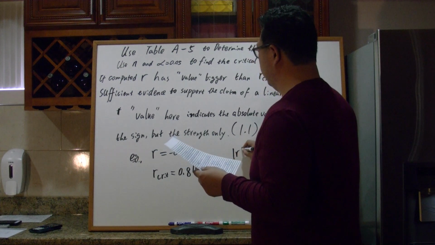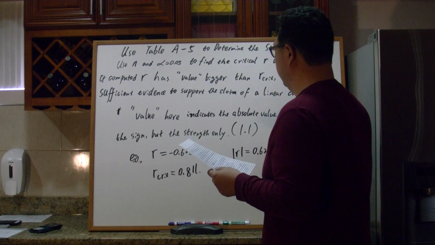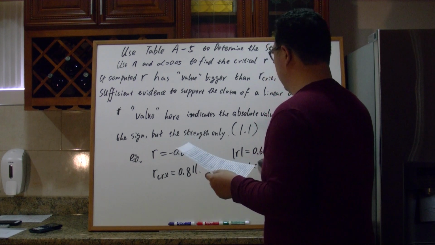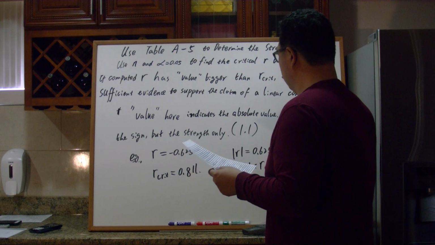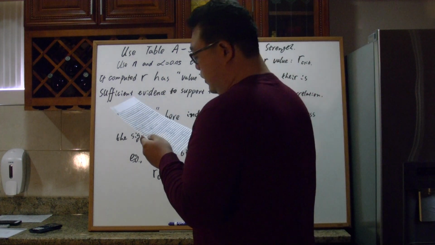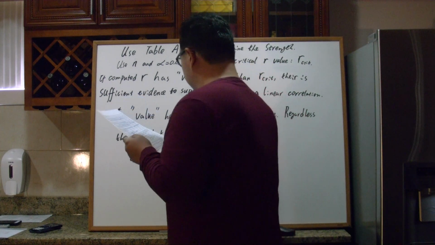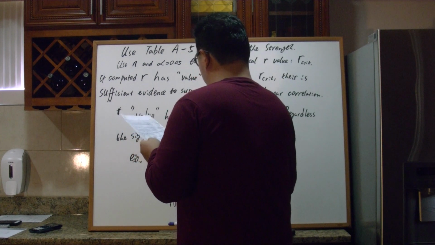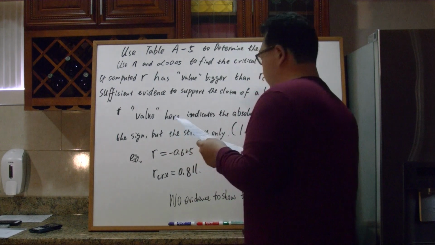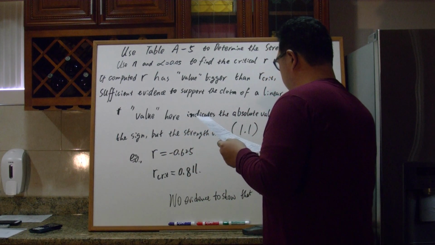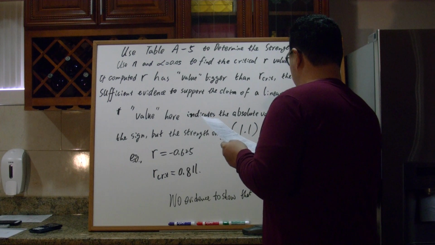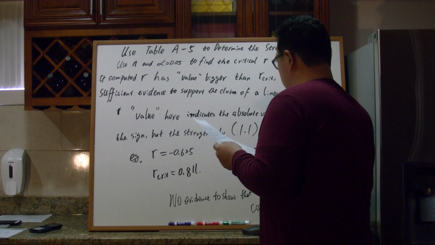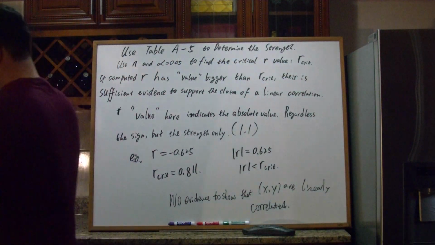What we can see is our absolute value of R is 0.625, which is below the critical value of R. So we don't have evidence, no evidence to show that x and y are linearly correlated. Well, you cannot show that they are linearly correlated.